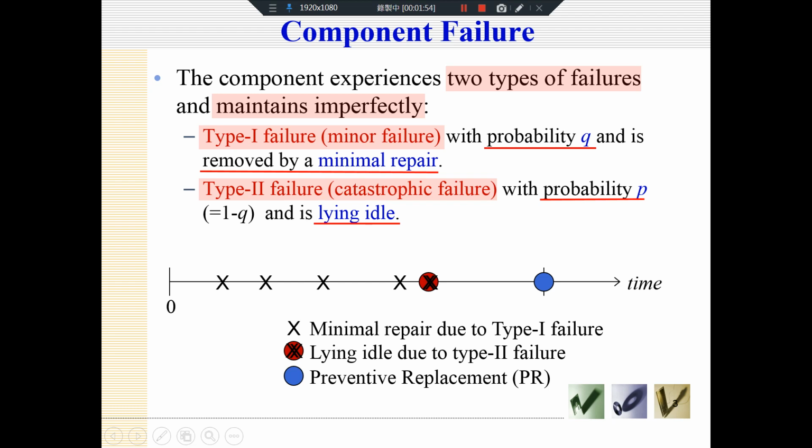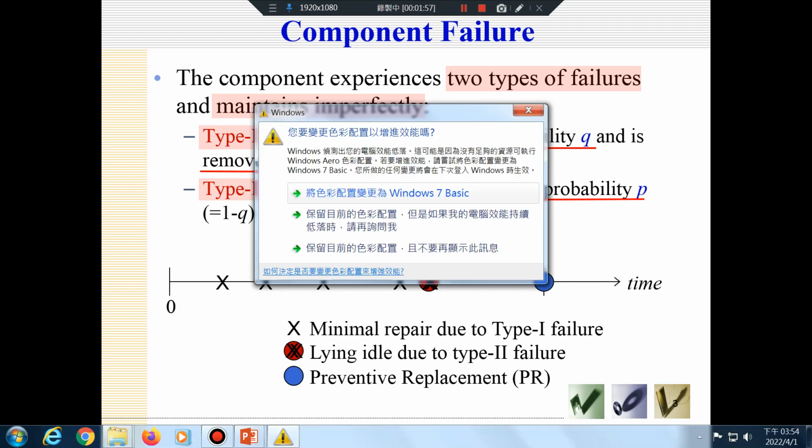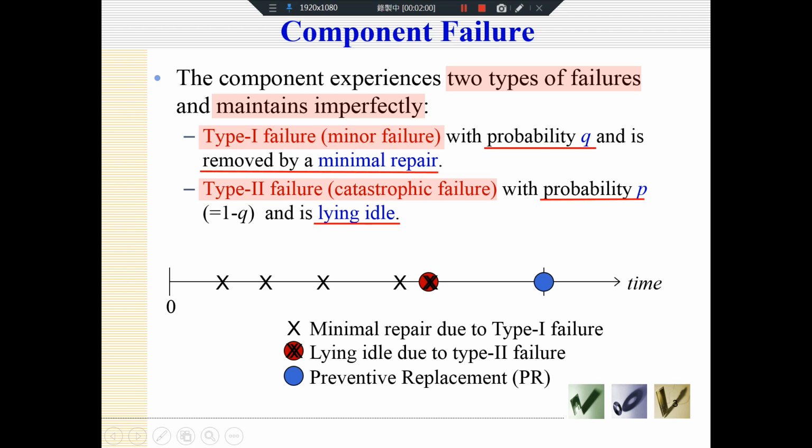The second, type 2 failure, is a catastrophic failure with probability P equals 1 minus Q, and the component is lying idle. Please see the figure. This point is minimal repair due to type 1 failure, this point is lying idle due to type 2 failure, and the blue point is preventive replacement.